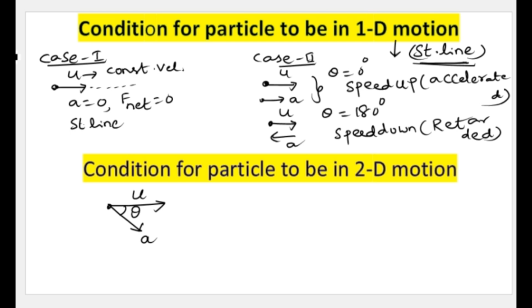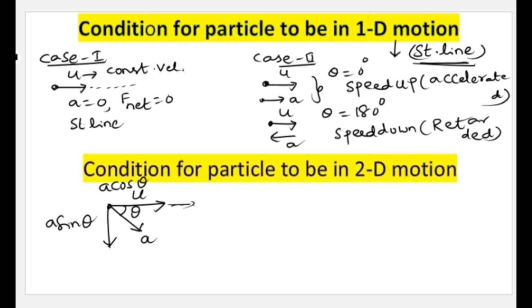Then resolve, that means split the acceleration into two components. Along this, a is making theta with this axis, so along this the component of acceleration is a cos theta, perpendicular to this the component is a sin theta. So here a cos theta is acting in the direction of velocity, so speed increases, and a sin theta is acting perpendicular to initial velocity.